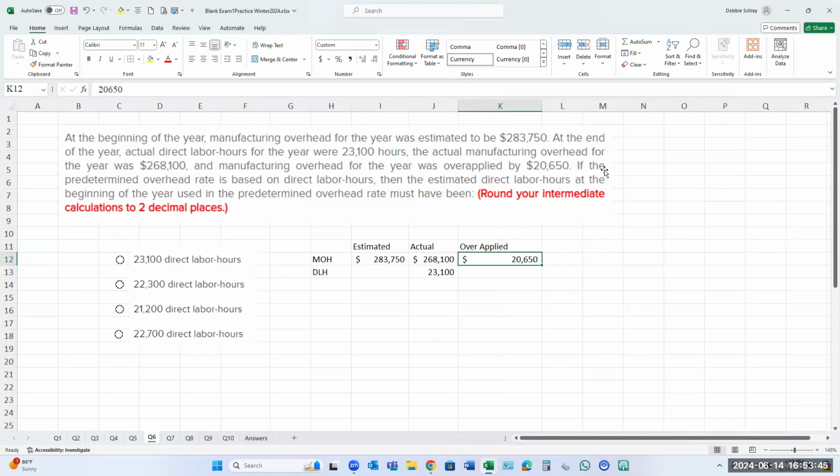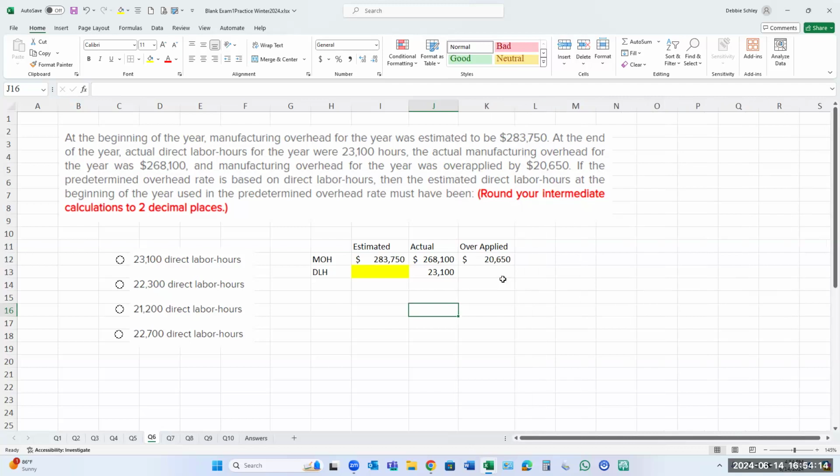Okay. If the predetermined overhead rate is based on direct labor hours, then the estimated direct labor hours at the beginning of the year used in the predetermined overhead rate must have been... Okay, so normally we would have that predetermined overhead rate and we would work forward to figure out over or under applied.